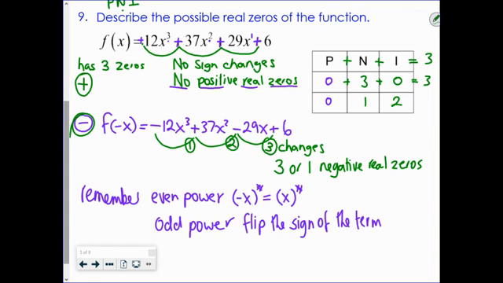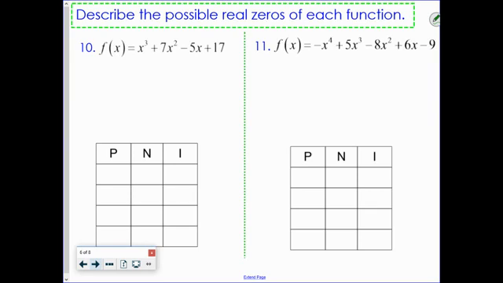So let's practice some. If you'd like to try these, pause your video, give them a chance, and then come back and see me go over them. So on this one, positive. Let's count the sign changes. Plus to minus to plus. Okay, I had 1 change going from plus to minus, and then I changed back going from minus to plus.